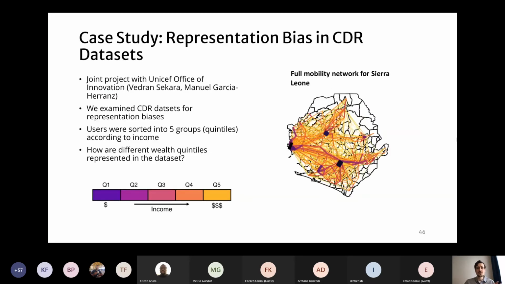So lastly, I want to briefly show this case study that we have done with the Office of Innovation, where we looked at representation biases in such CDR data sets. We examined these call detail record mobility data sets for 3 different countries. Here on the right, you see one mobility network for Sierra Leone.